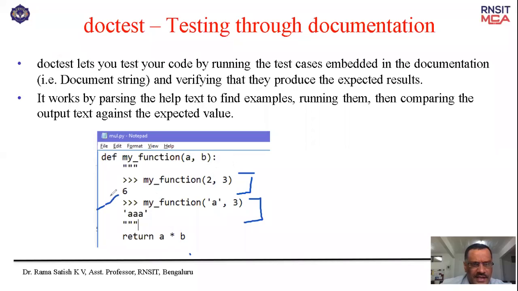If you get the expected value 6, then this test case is passed. If you pass A and 3 and you get three A's, the test case is passed. If the expected result is not there, then definitely it will throw an error. We call it a test case failure.